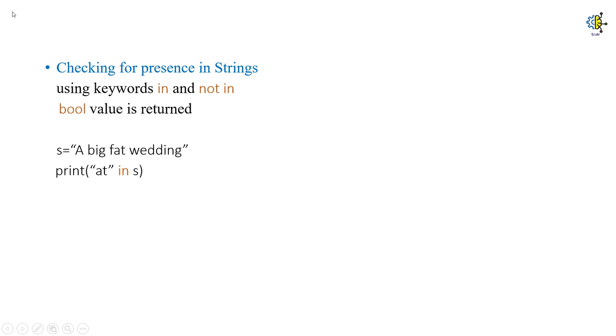So I'll say at in S, and the output would be true. This is because at is present inside S. Now I can also check if a text segment is not present in a string. For example, if I print at not in S, I'll get the value false because at is present in S.